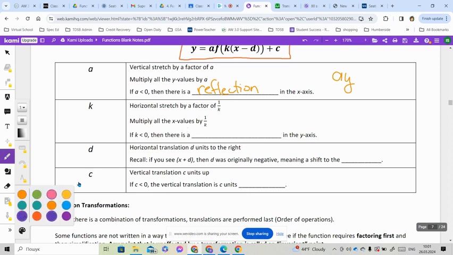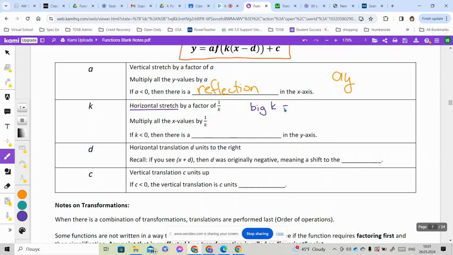Now the new part is our k value. So finally, we are using something called a horizontal stretch. And we stretch it by a factor of 1 over k. So if the k value is big, that actually means we are squashing it. We are compressing it, right? So let's make a very simple rule.